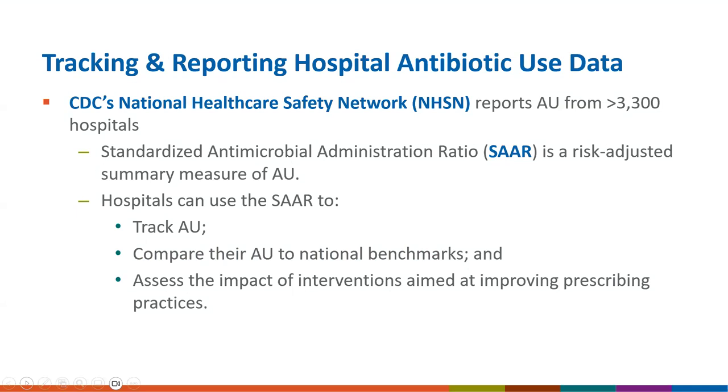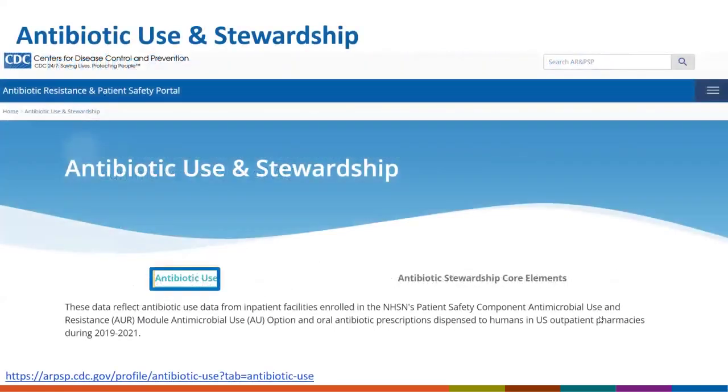Hospitals can use SARs to track their AU, compare their AU to a national benchmark, and assess the impact of interventions aimed at improving prescribing practices. Similar to the core elements, the SAR is posted on the portal. Annual updates are released every November for U.S. Antibiotic Awareness Week.